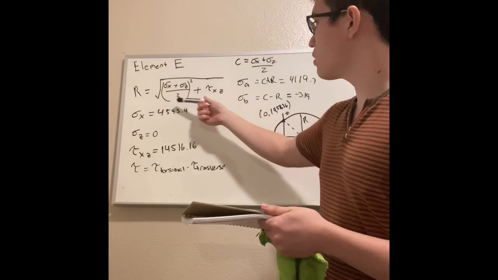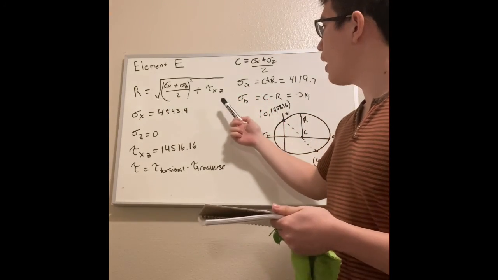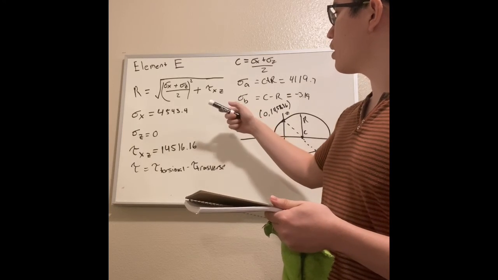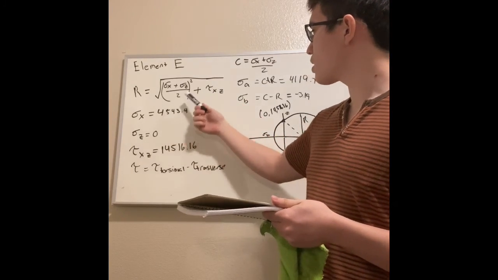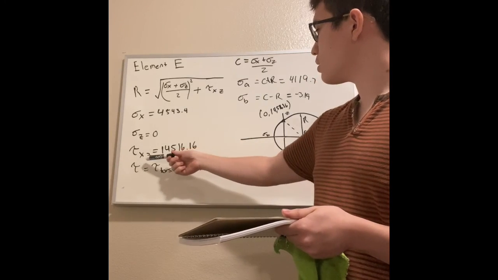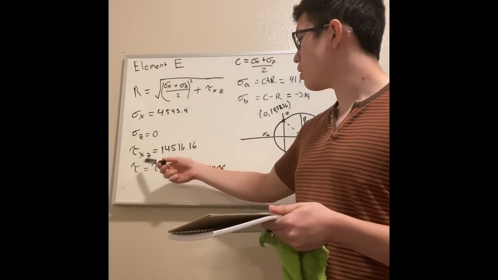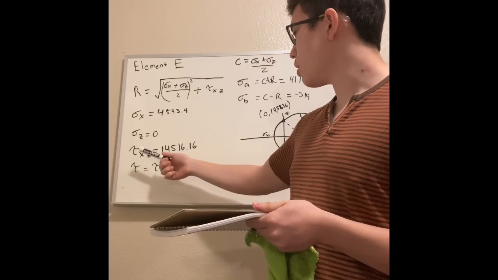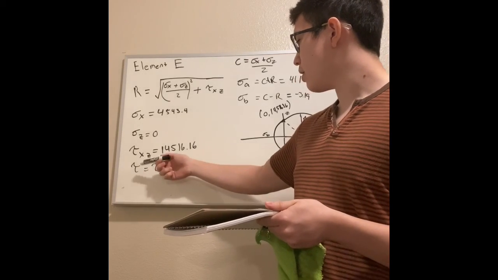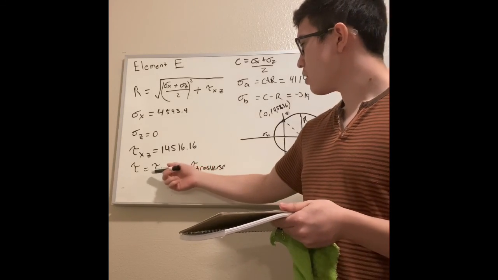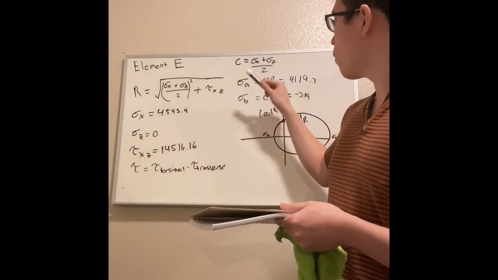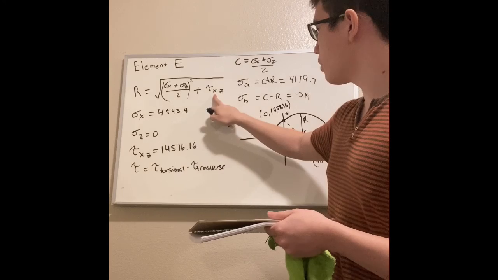This is the equation for the radius, and we would plug in our sigma x and our sigma z, which is 0 in this case, and our torsional shear, which is actually our torsional minus our transverse. So that's what's included up here.